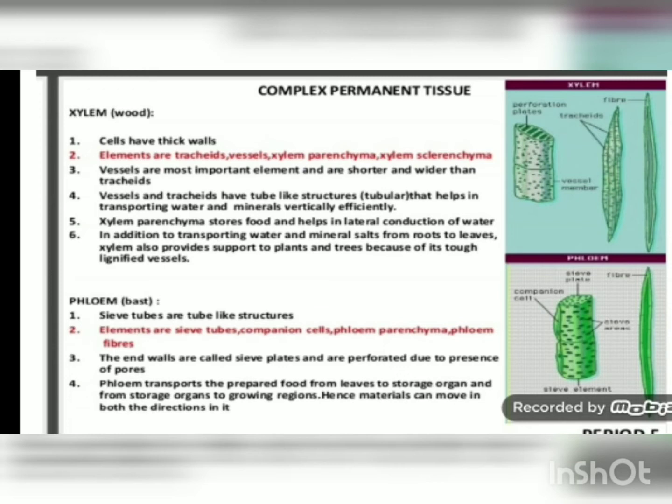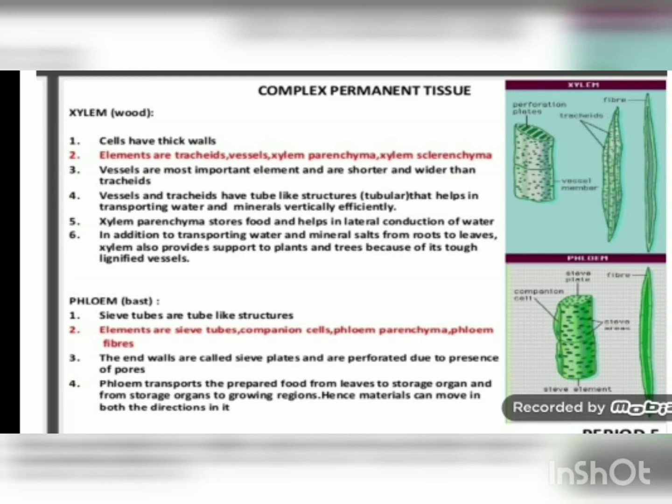Xylem parenchyma stores food and helps in lateral conduction of water. In addition to transporting water and mineral salts from roots to leaves, xylem also provides support to plants and trees because of its tough lignified vessels.